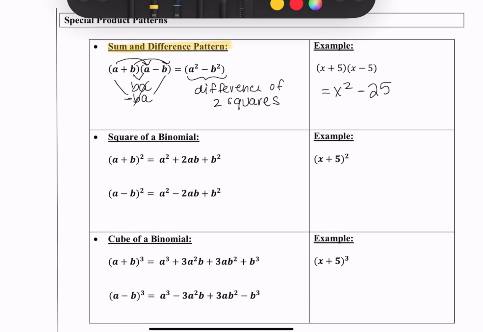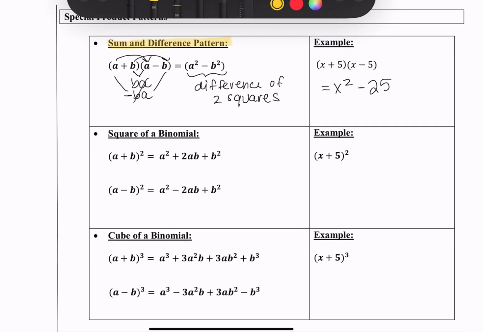The next one that we are already familiar with is the square of a binomial. So for the square of a binomial, notice that you have a binomial like a plus b or a minus b, and those binomials are being squared. And yes, that is the exact same thing as taking a plus b times a plus b and distributing that out.